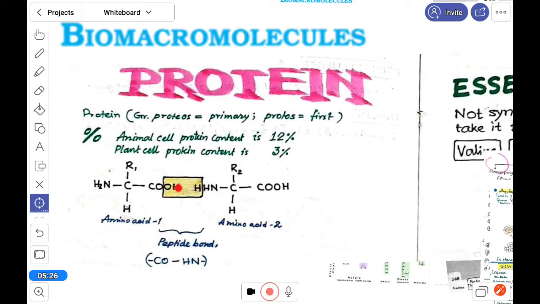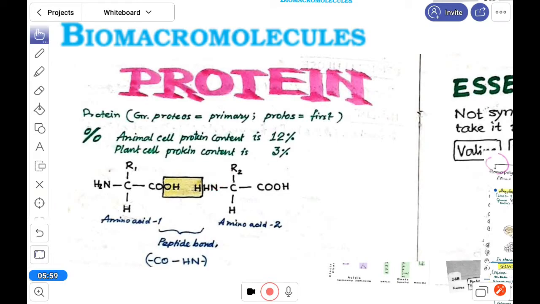Now in the bond between these two, H2O, I mean water, is removed, and it forms the peptide bond, CO-NH. In this way, one amino acid connects to another and forms the dipeptide. In that way, the tripeptide, polypeptide, peptone, and protein.